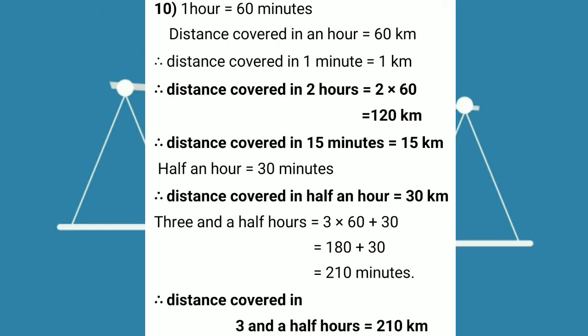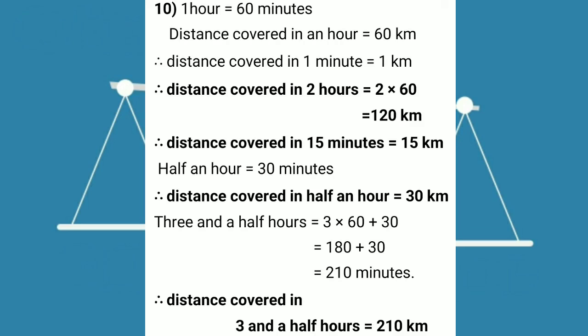So if in 60 minutes a car covers a distance of 60 kilometer, how much distance will it cover in 1 minute? 60 minutes is equal to 60 kilometers. Therefore, 1 minute will be 1 kilometer. Therefore, distance covered in 1 minute is 1 kilometer. This information makes the rest of the calculation easy for us.